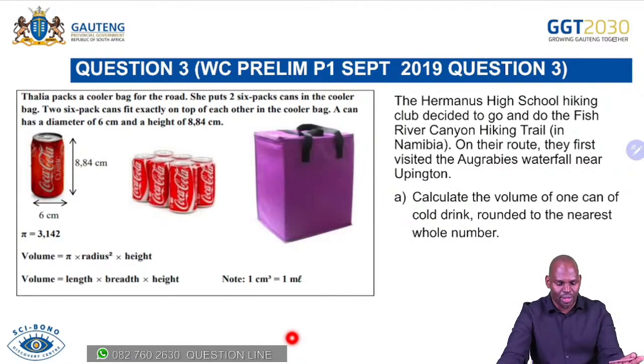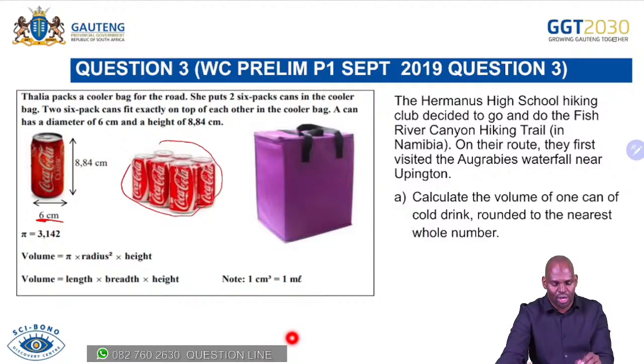A can has a diameter of 6 centimeters and a height of 8.84. So when they say 2 6-pack cans fit exactly on top, it means if you put another one on top, it will fit exactly in the bag.